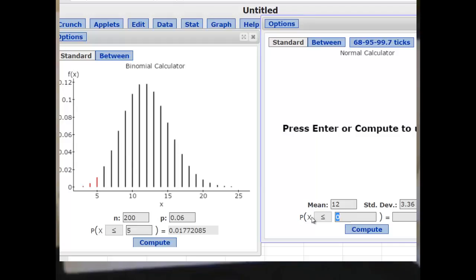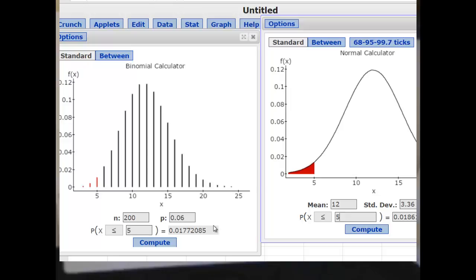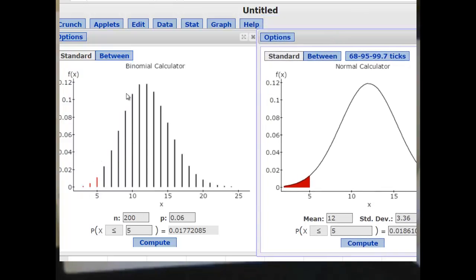If I want to find the probability of less than or equal to 5, you can see that it's slightly different. For the binomial calculator, the probability of less than or equal to 5 is 0.0177. And the probability of less than or equal to 5 using the normal distribution as an approximation is 0.0186. They both round to the same hundredth, but the approximation is not exact, it's an approximation, but we can still use it.